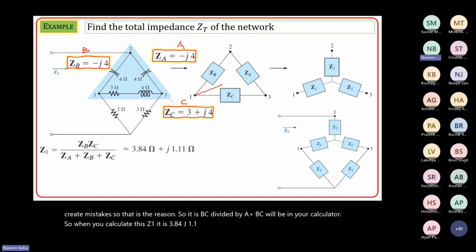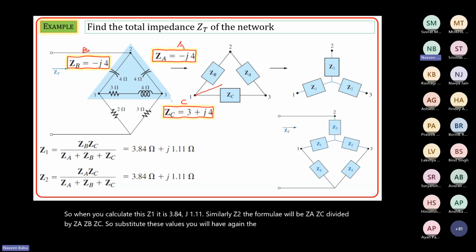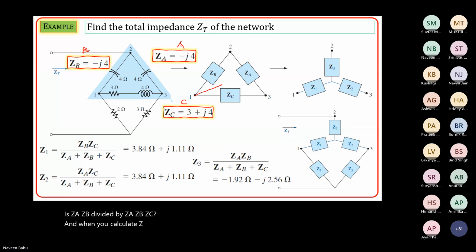Similarly, for Z2, the formula will be ZA ZC divided by ZA plus ZB plus ZC. Substituting these values, you will again have the same value, 3.84 plus J 1.11. Finally, Z3 is ZA ZB divided by ZA plus ZB plus ZC, and when you calculate Z3, it is minus 1.92 minus J 2.56.